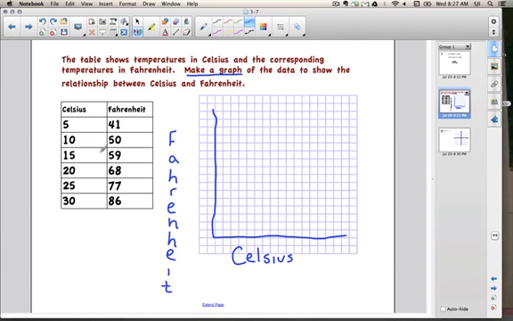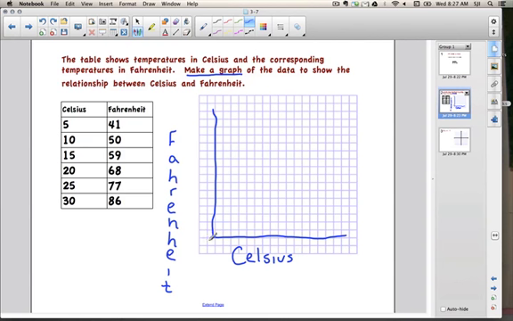One of the things that we need to figure out is on the x-axis here, we have the numbers between 5 and 30. So we need to be able to fit the numbers between 5 and 30 here on our graph. Now we're always going to start here at 0. So this is 0 here. It looks like we have enough lines here to be able to count by 5s.